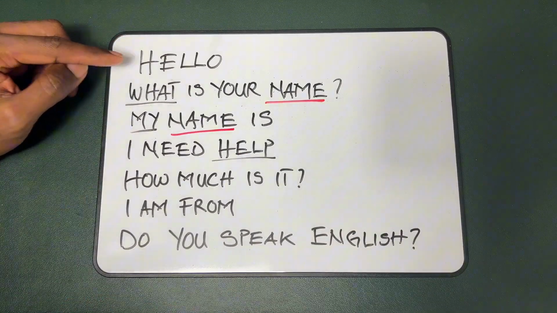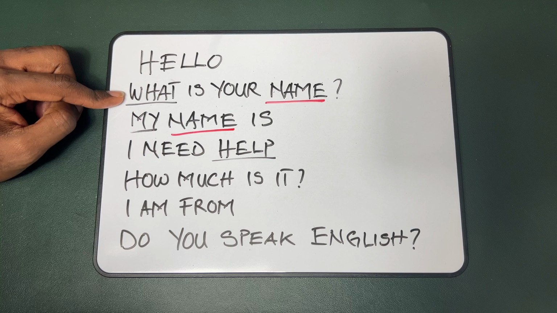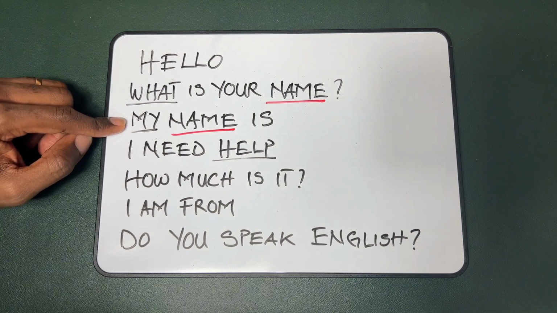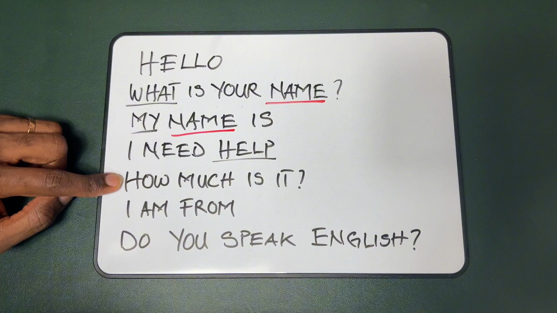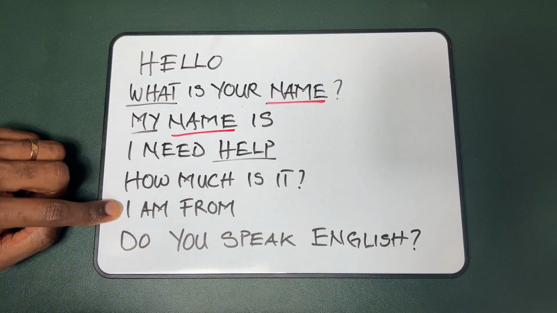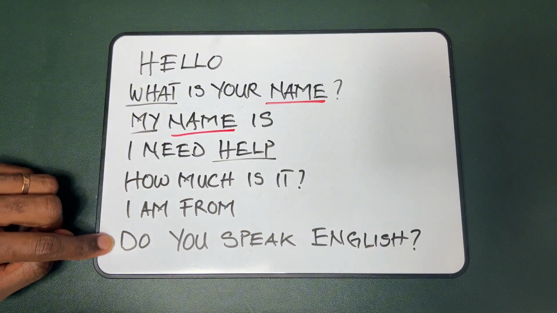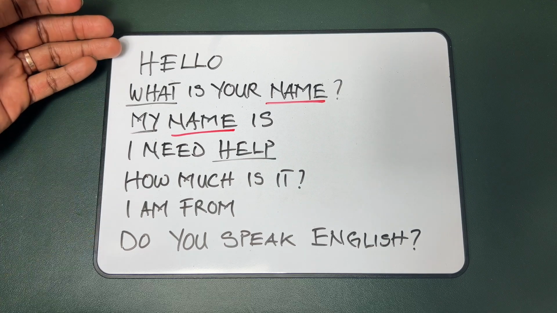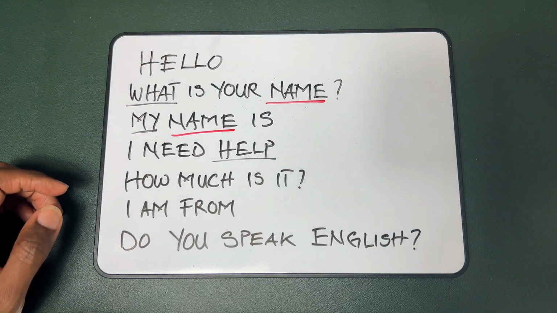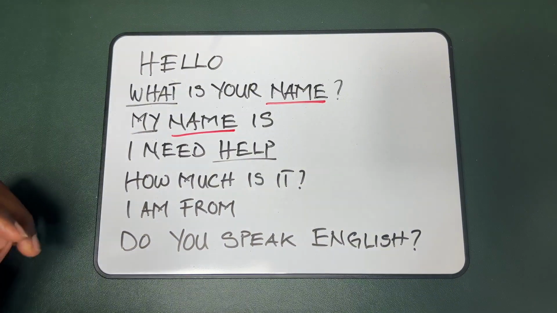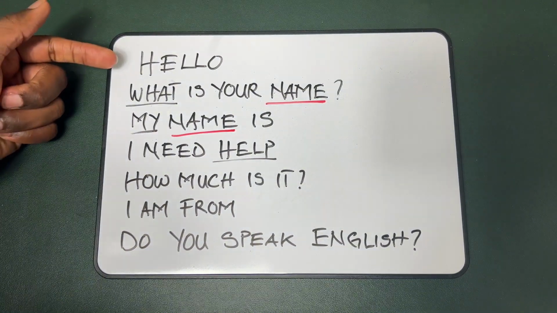Hello, what is your name? My name is. I need help. How much is it? I am from. Do you speak English? So we'll run this now without looking at the Yoruba tablet or the Yoruba whiteboard. This is hello.